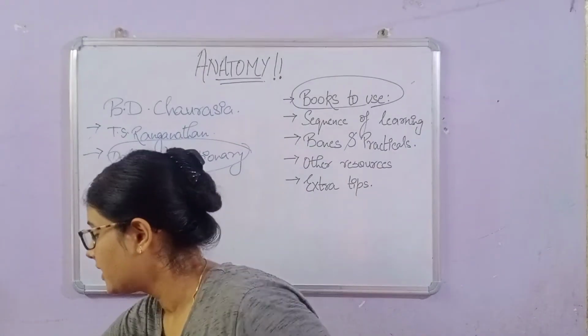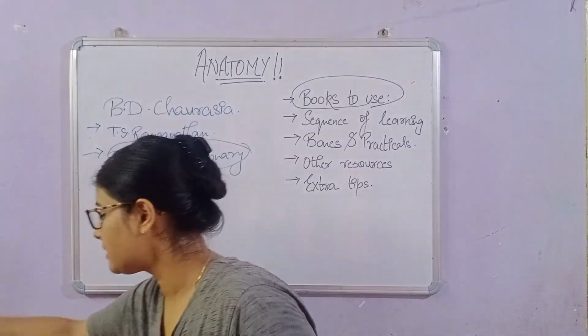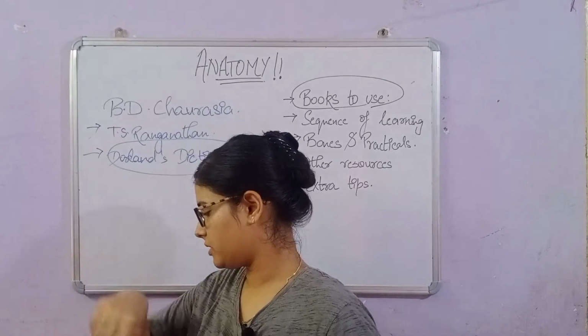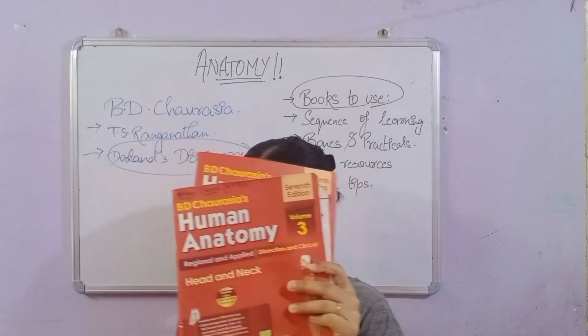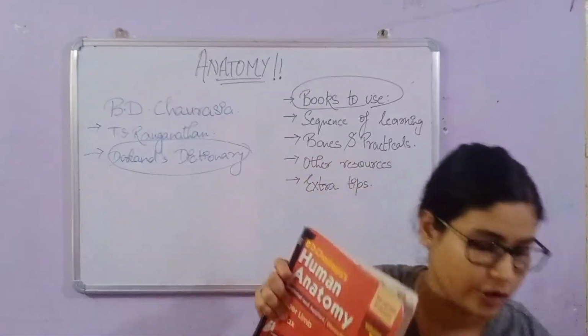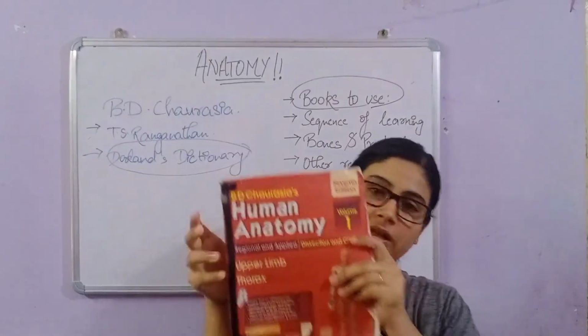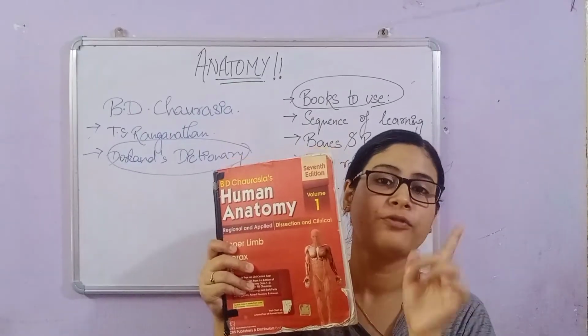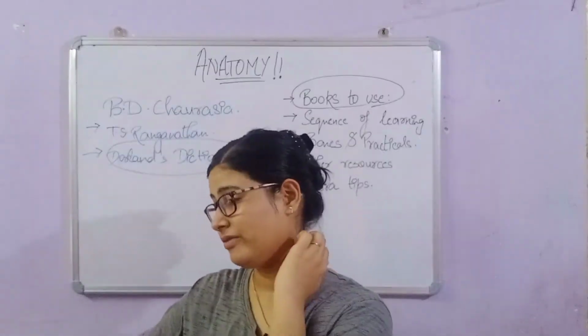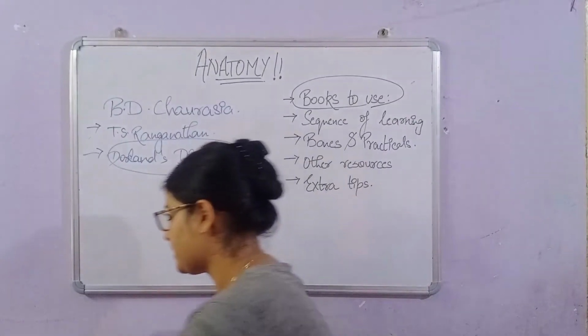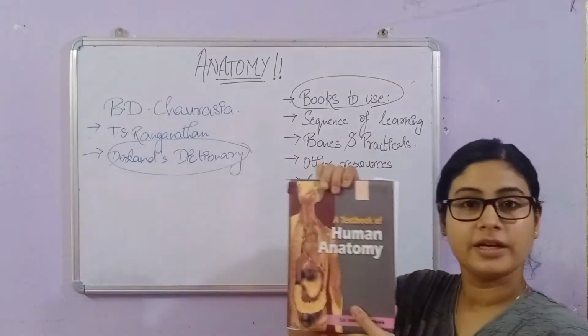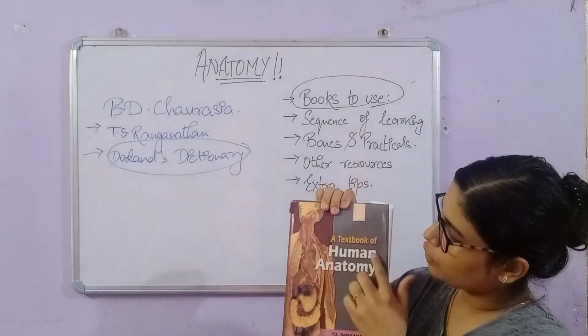The book that I am talking about here is BD Chaurasia, which is this one. This is volume 1 and we have 4 volumes in total. Then we have T.S. Ranganathan, the textbook of human anatomy.